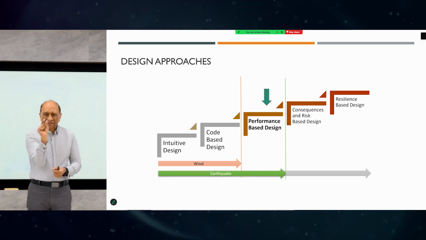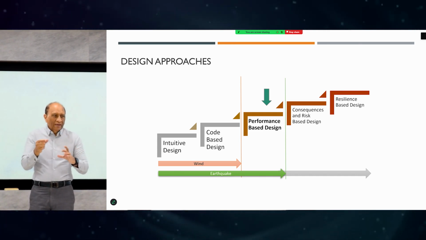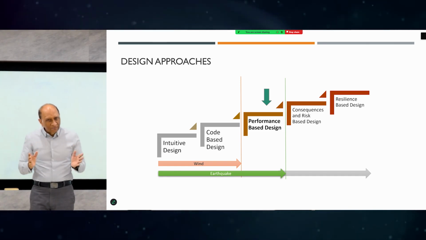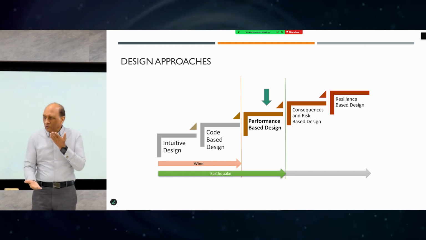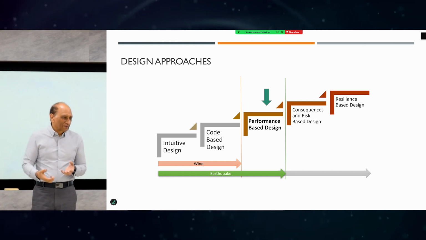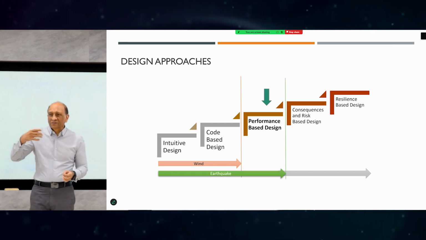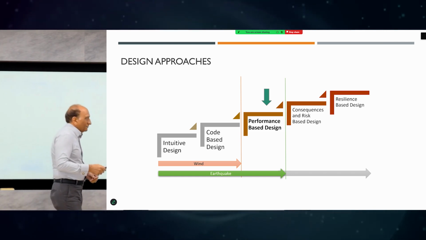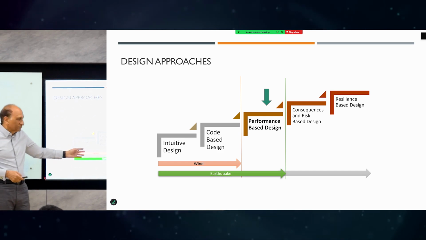It was pocket size, looks like people can carry, and it was like 20 pages, the whole design code. That was enough, because it's so simple, there's just few things. Now the design code comes in volumes, you can't even carry them, right? They're so complicated. Every time the new version comes, it's more complicated than the previous one, because we have more knowledge and we have more things to do. So code-based design becoming more and more complicated.